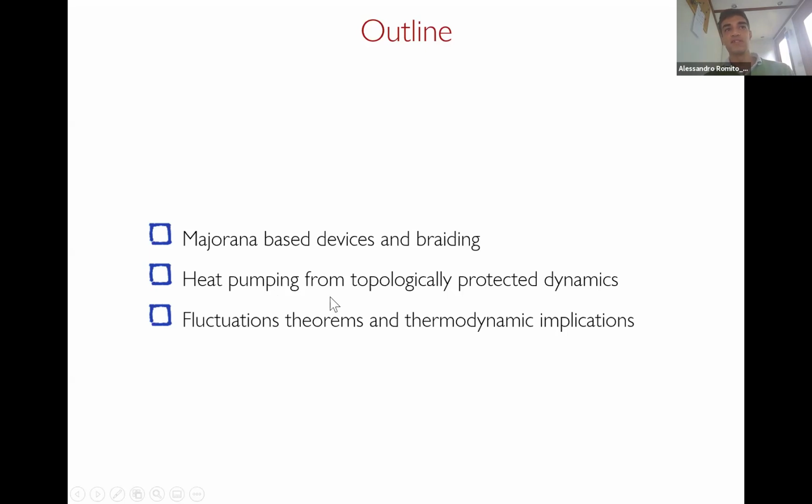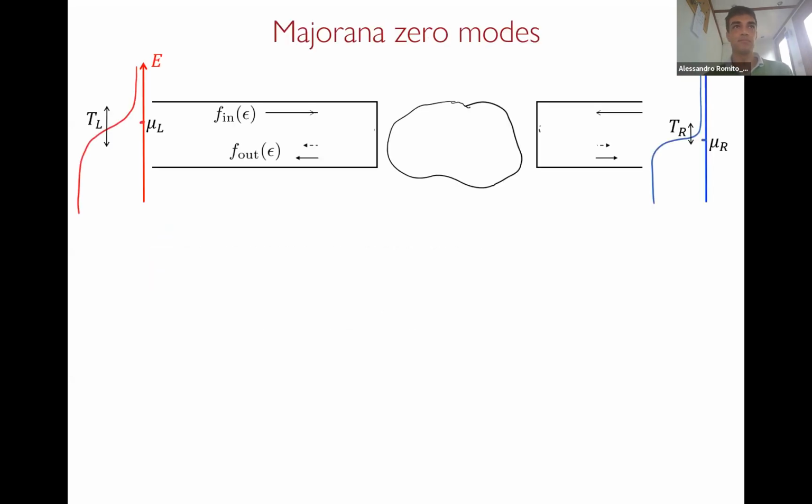Then we would like to discuss heat pumping associated with this kind of cyclical process, and to identify in which way this heat pump reflects the topological nature of the system. And if I have time, I hope to say something about the thermodynamical properties of these processes by looking at fluctuation theorems associated with this transport.